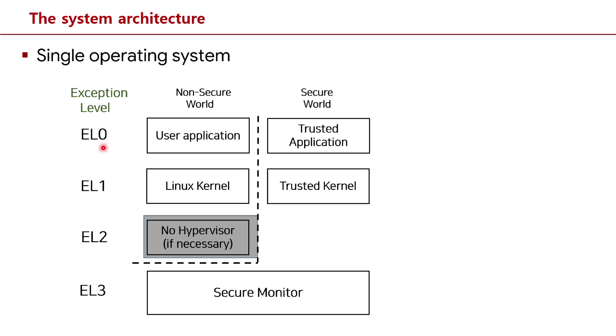Only exception level 0, exception level 1, and exception level 3 can be used. So please remember that many projects may not use exception level 2 where the hypervisor runs. Implementing a hypervisor is not mandatory, it's optional depending on the features of your project.